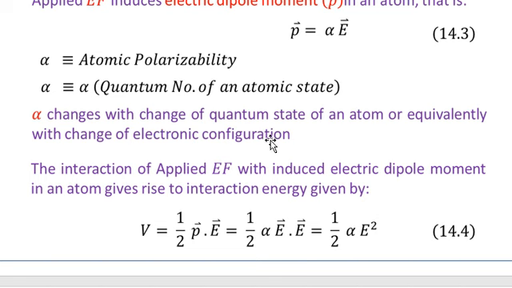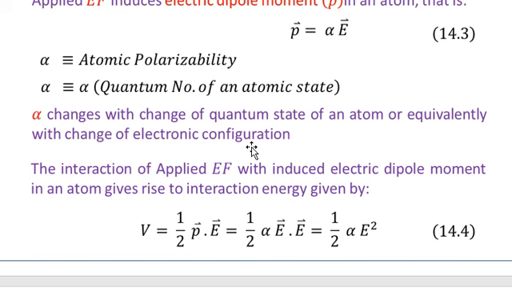Alpha changes with the change of quantum state of an atom. For example, if the atom is in a different quantum state, then of course the value of alpha will be different. So alpha changes with the change in quantum state of an atom, or equivalently with the change of electronic configuration.